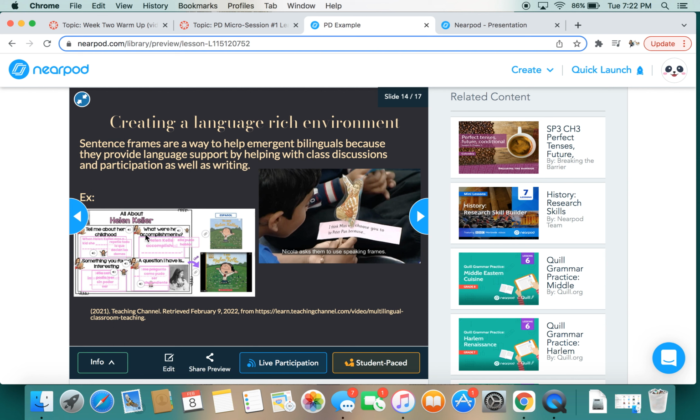I had students watch and hear a read aloud about Helen Keller. They were to answer questions, and it may be a little bit too small to see, but me and my teammates, my co-teachers, we implemented sentence frames, sentence starters.